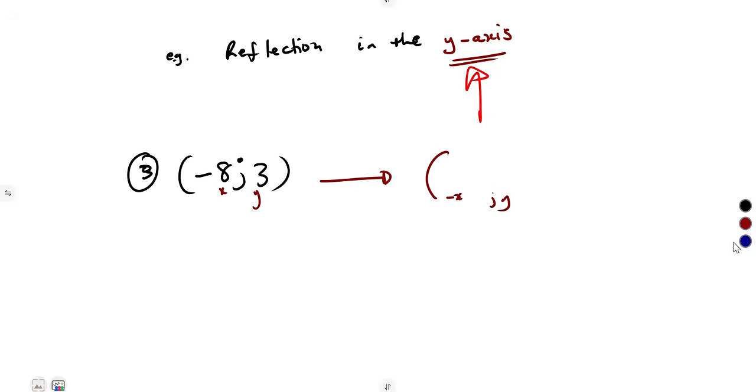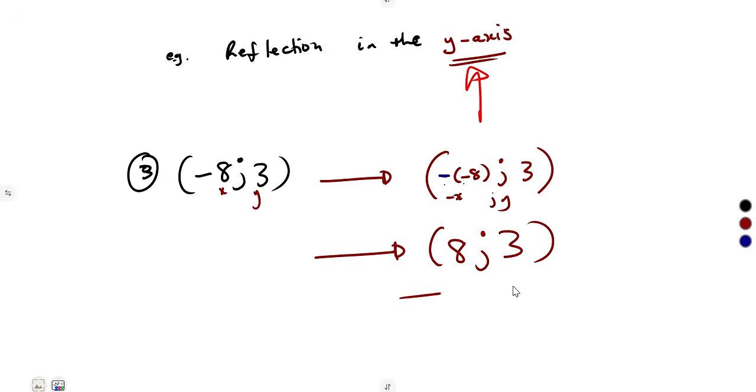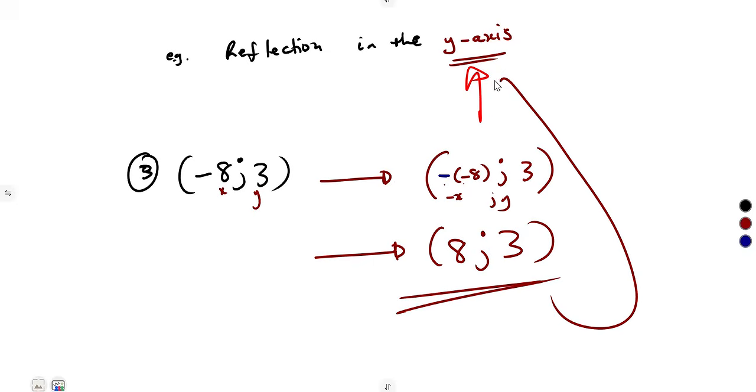What is our x? Our x is minus 8. The y value remains as it is. So this is going to change to minus, minus 8, that's a positive 8. So this is going to be our image after a reflection in the y-axis.